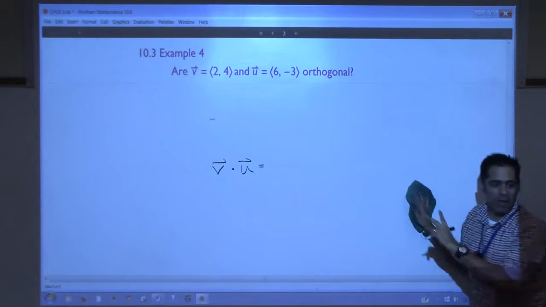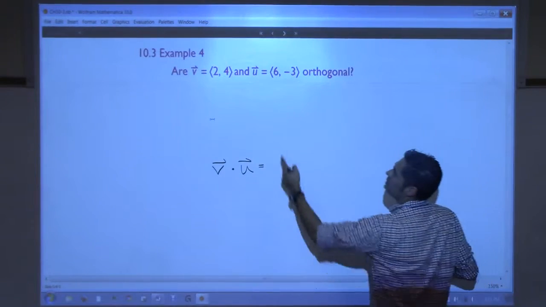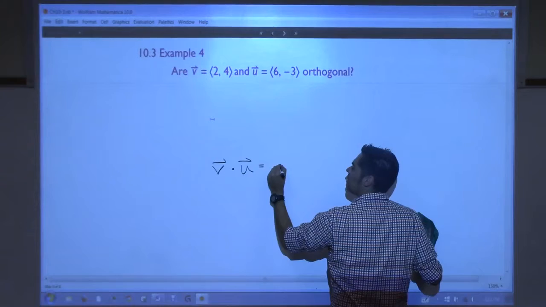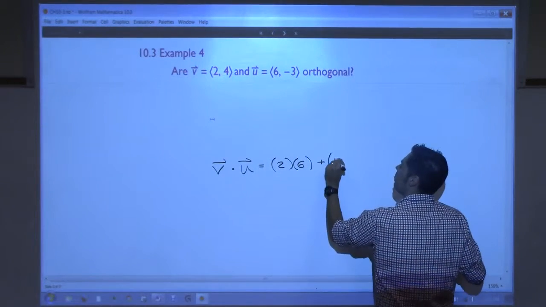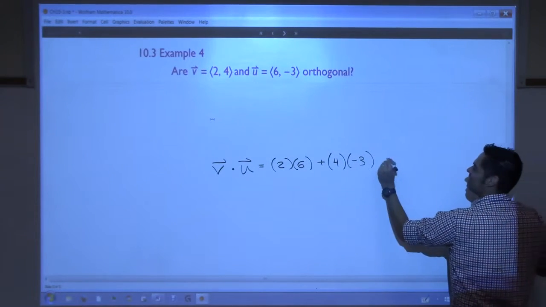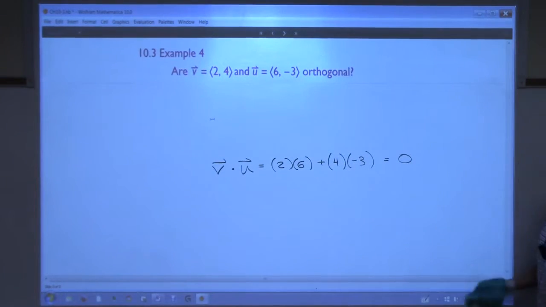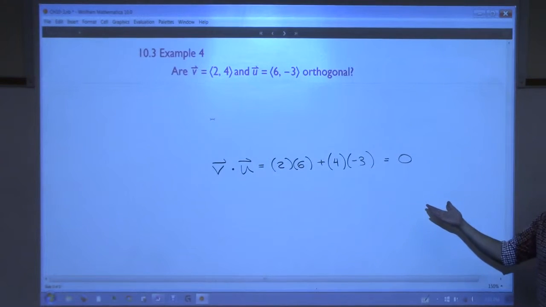It doesn't matter which one I do, because it's commutative. So dot it: 2 times 6, plus 4 times negative 3, which is 0. Are they orthogonal? Yes. Isn't that a nice check?